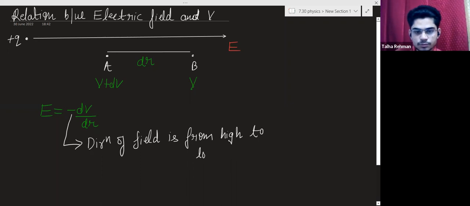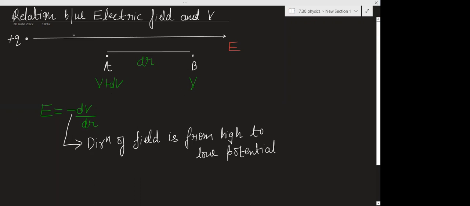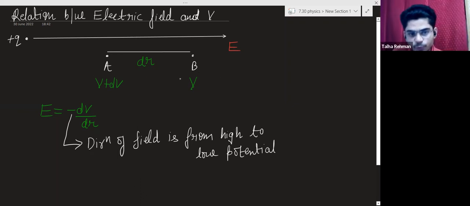As is clear from this, here is potential high and here is potential low, and direction of electric field is from high potential to low potential.